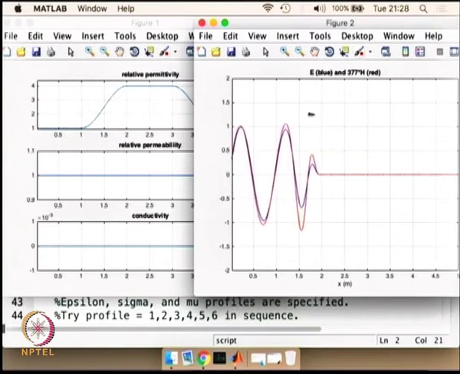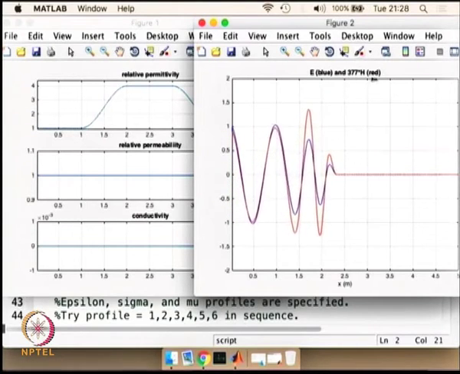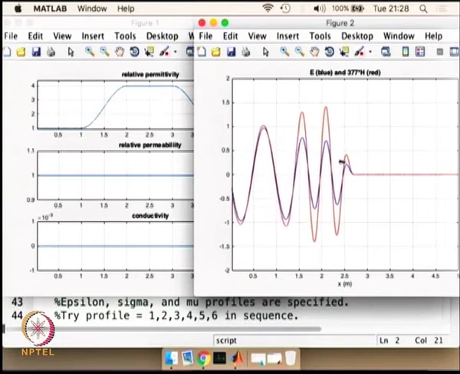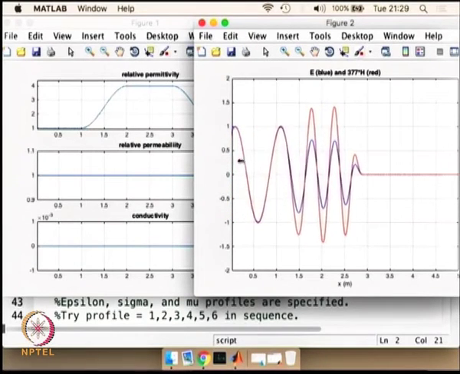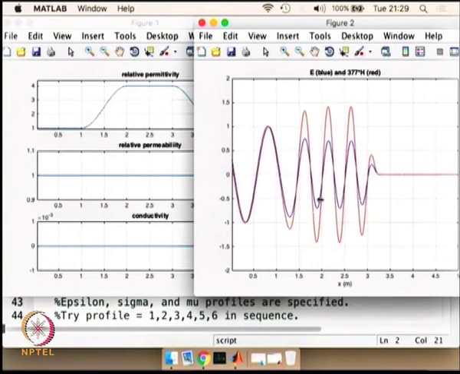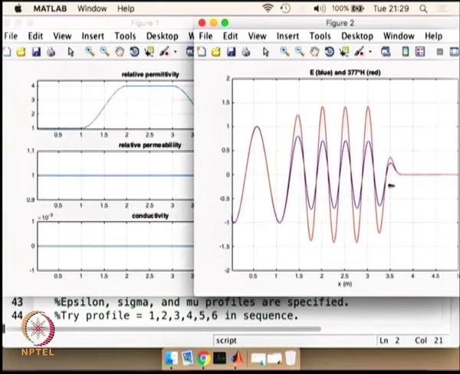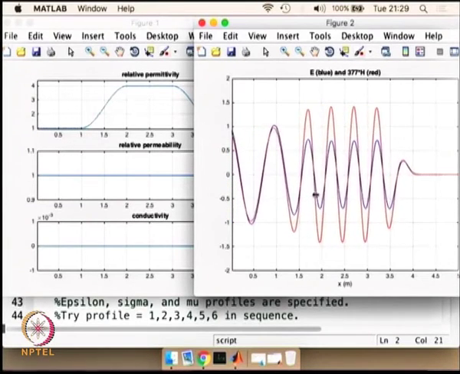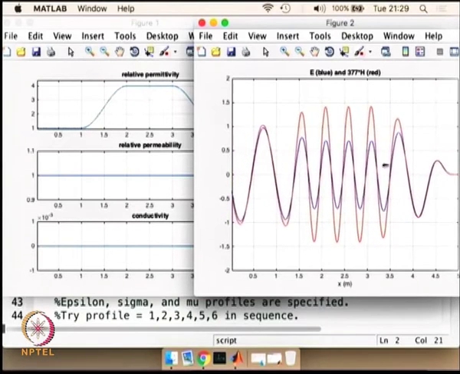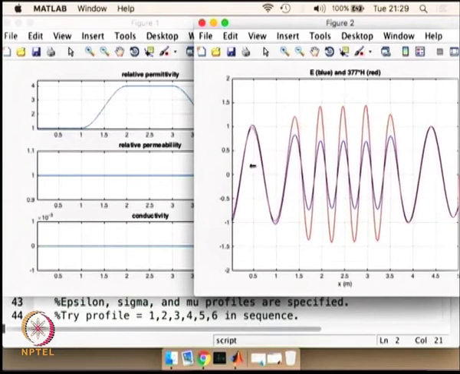The E field and H field values are given in blue and red, E is in blue and H is in red, and the wave is slowing inside the medium, and there is a kind of focusing aspect, the wave is getting compressed, and you see that the H field is increasing in magnitude whereas the E field is decreasing in magnitude, and there is a kind of slowing down of the wave, and you see that as it comes out it emerges out in the way it comes in.